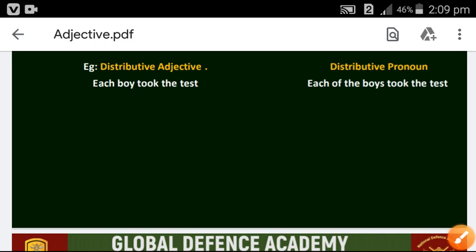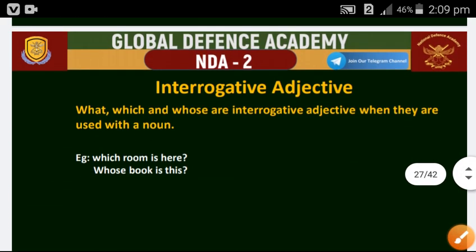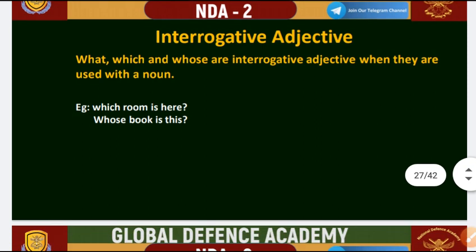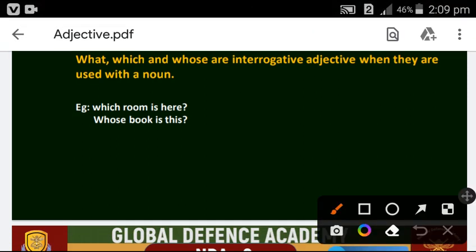And the next is interrogative adjective. What, which, and whose are interrogative adjectives when they are used with a noun. And most of you are trying to find out why, sir, you keep saying followed by noun and again repeating it.